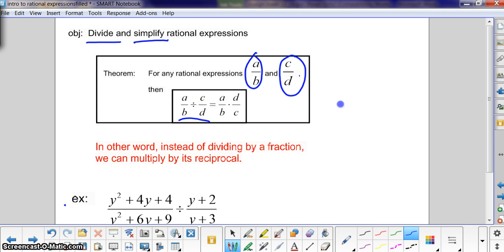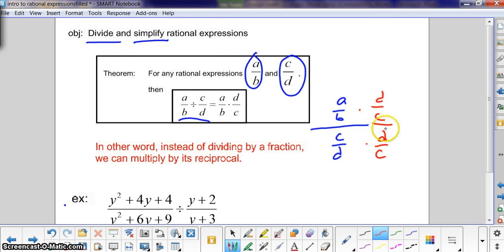And the reason behind this is, if I write my division as a over b divided by c over d, in essence what I'm trying to do is get my denominator equal to 1. I can do that by multiplying by d over c. And so you can see c times d, d times c, that's going to give me 1 down there. But I can't just multiply the denominator. I have to multiply the numerator as well.